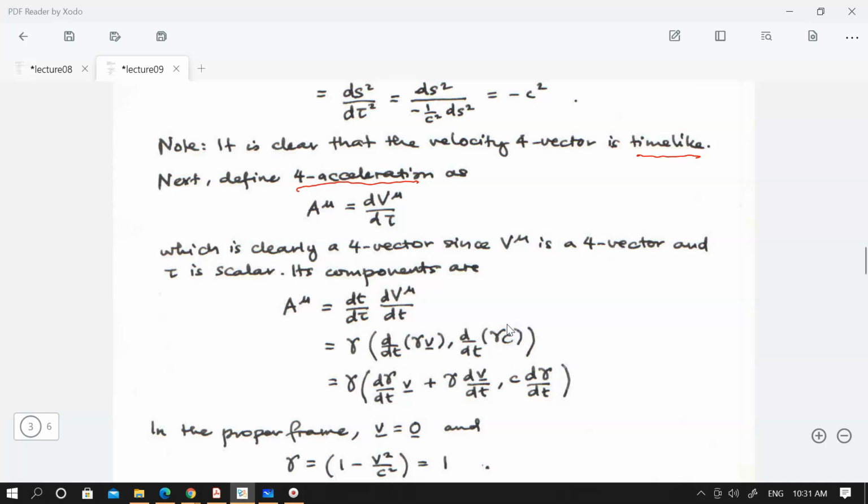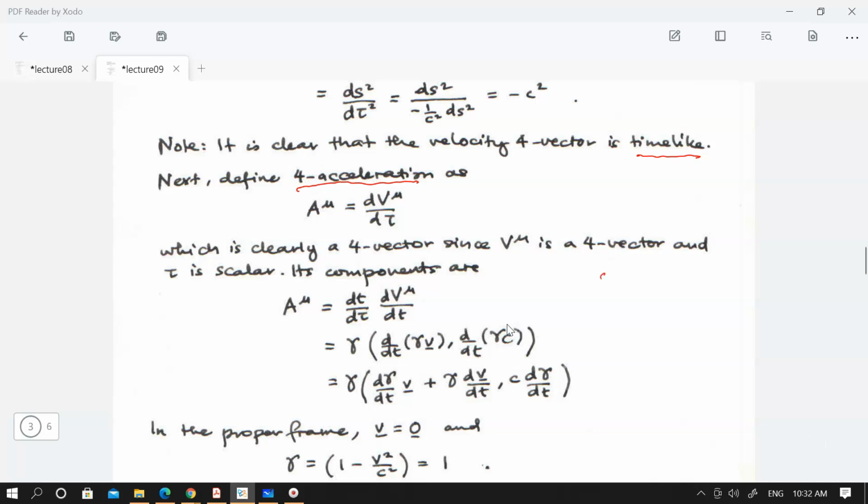Oh, sorry. I should not say that, because your gamma here is actually with respect to, remember, we are changing this in the proper frame, the co-moving frame.